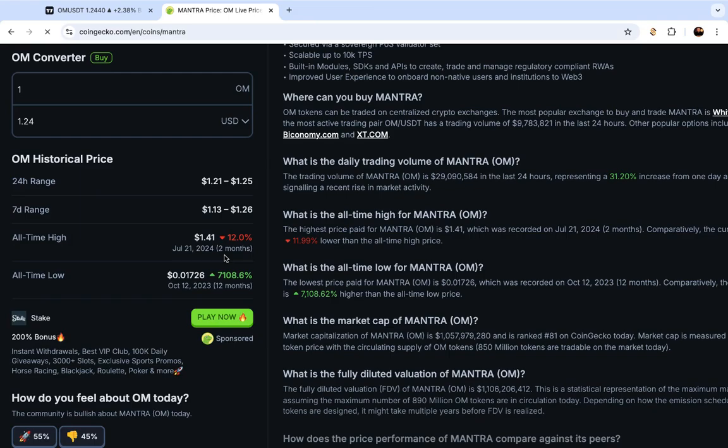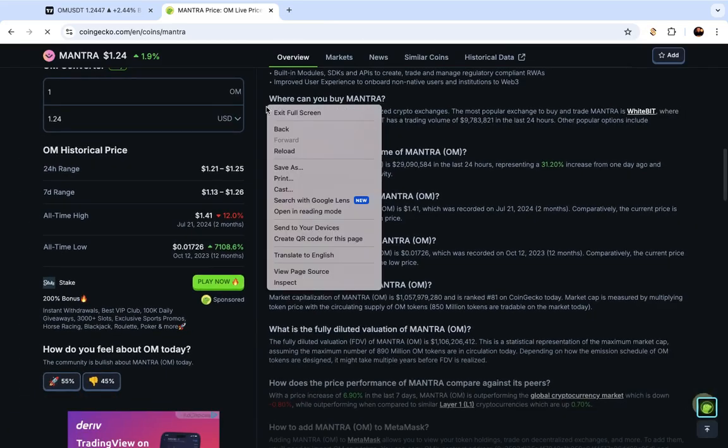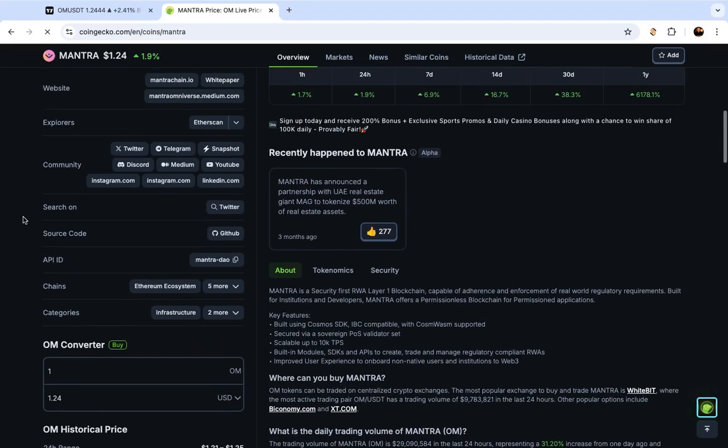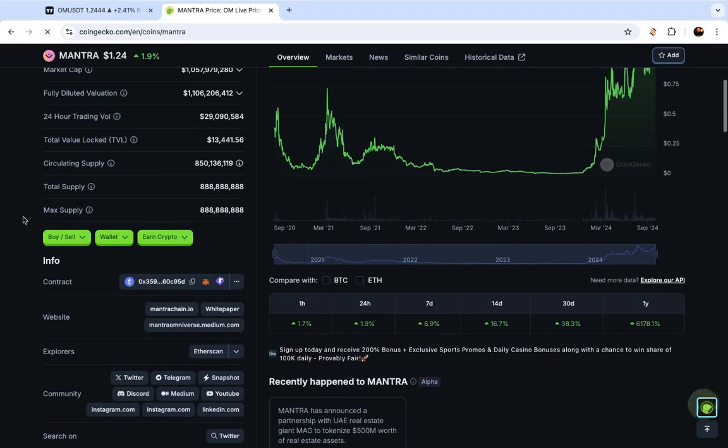And the previous all-time low was a little less than 2 cents, and we are up by about 7,108%. So I really believe that the price of OM is definitely going to continue going up very parabolic, due to the fact that it has very good tokenomics.